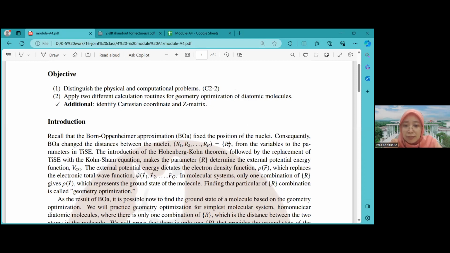We only have parameters, because this approximation fixes the position of the nuclei.